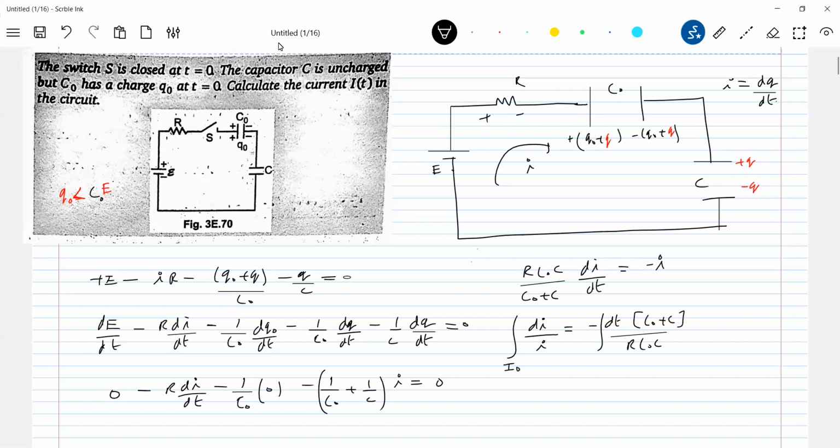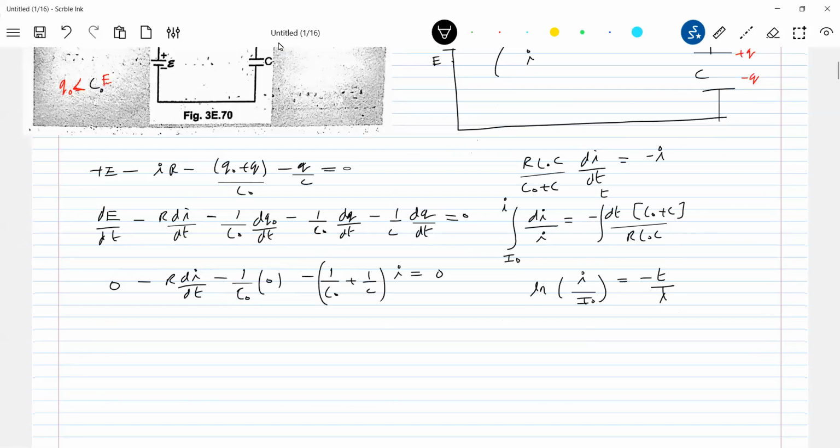And at any time, let it be I. So this will become log of I by I naught equals minus t by this. Everything is some constant, if you want, you can write lambda, like earlier we proceeded. So the final expression will be I equals I naught e to the power minus t by lambda.